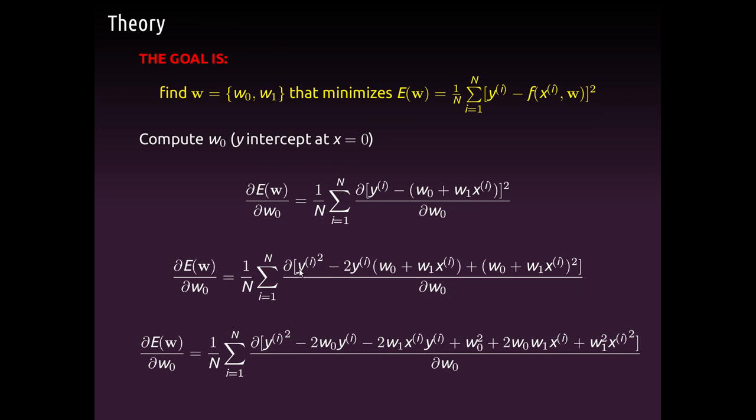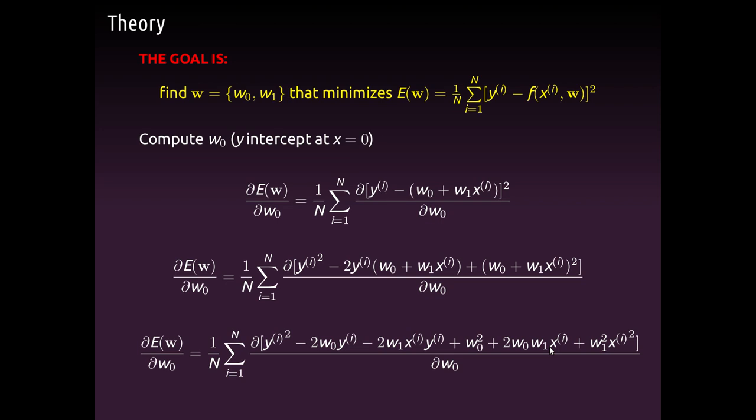Here we have this term as it is, y super i squared, minus 2 multiplied by y super i multiplied by w0, minus 2 w1 x super i y super i, plus, and then we will resolve this part, which will become w0 squared plus 2 w0 w1 x super i plus w1 squared x super i squared.